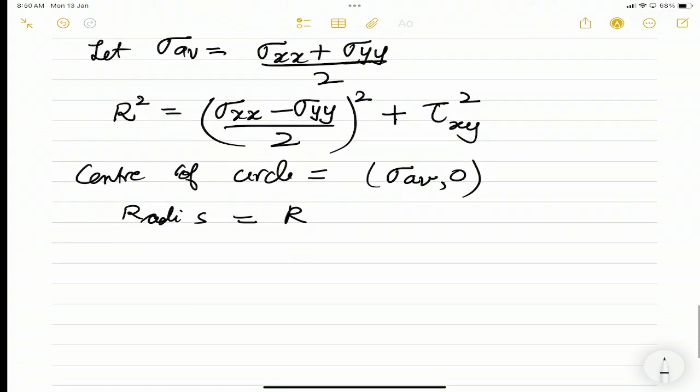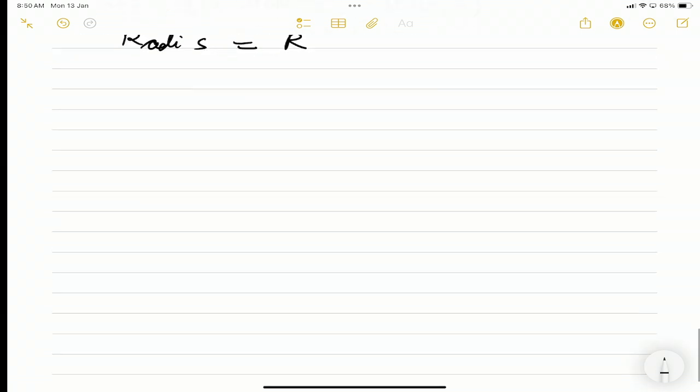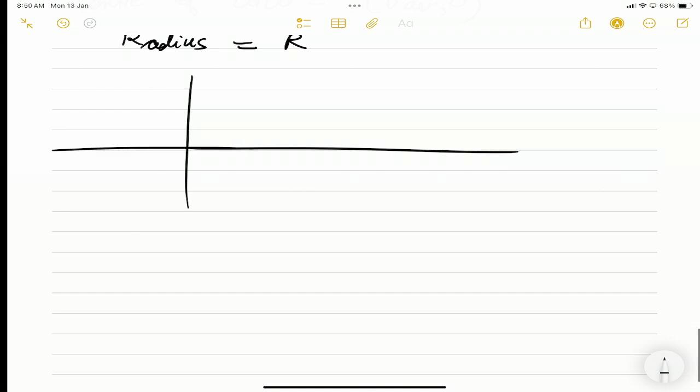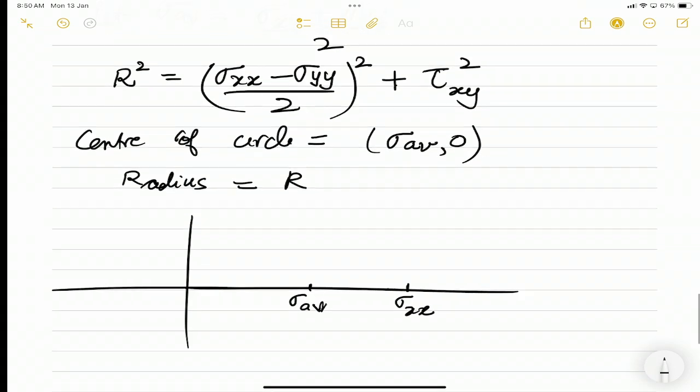So now if we look at this circle, this is sigma average, and then I have sigma xx here.